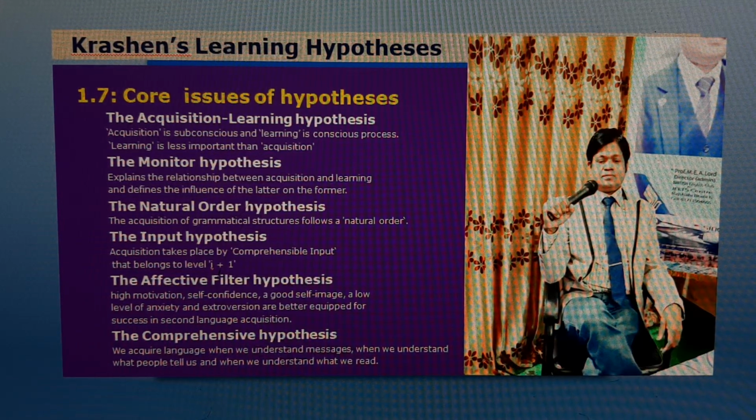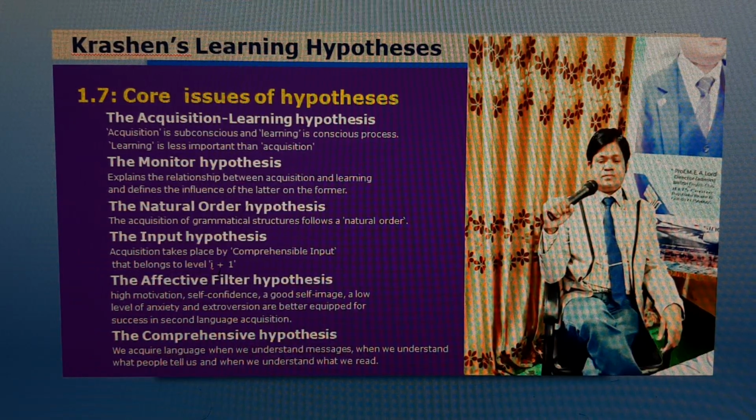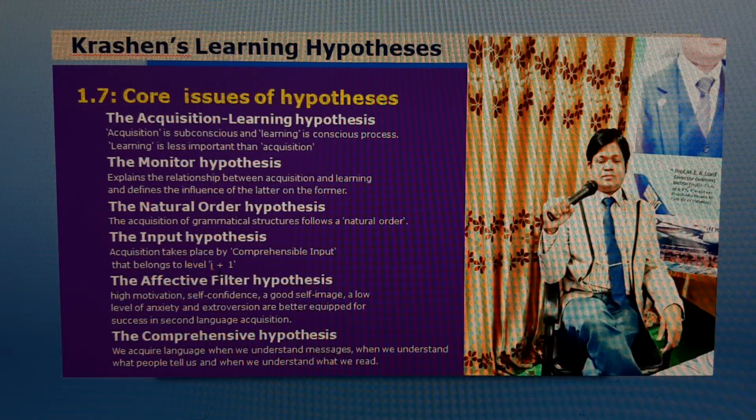The input hypothesis. The input hypothesis is Krashen's attempt to explain how the learner acquires a second language and how second language acquisition takes place. The input hypothesis is only concerned with acquisition, not learning.